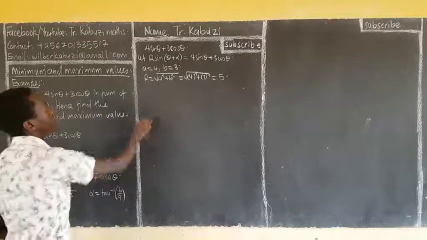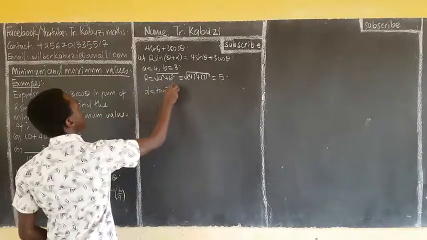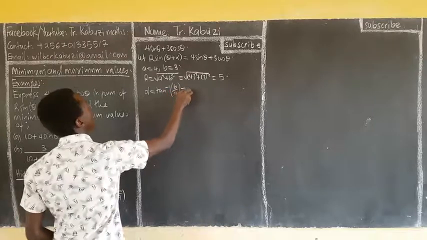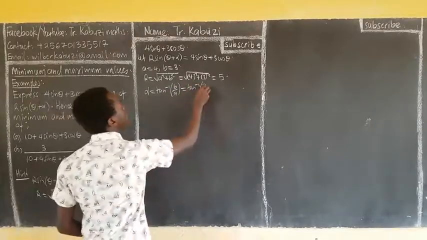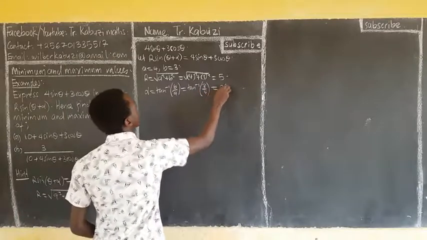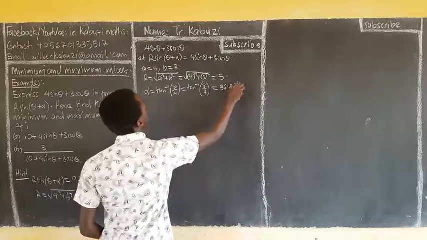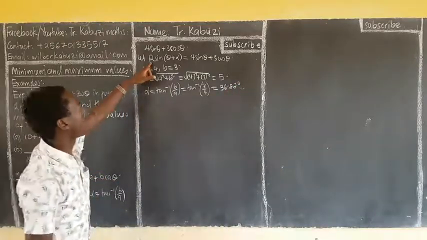Then from there I need to get alpha. This is how you get alpha: B over A, which would be 3 over 4, and this will give you 36.87 degrees. So now from here I'm going to substitute.